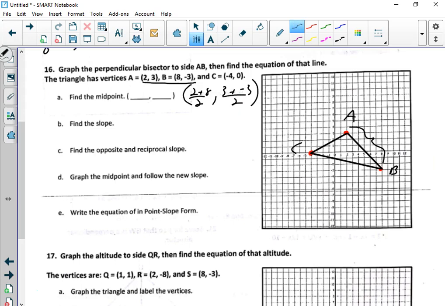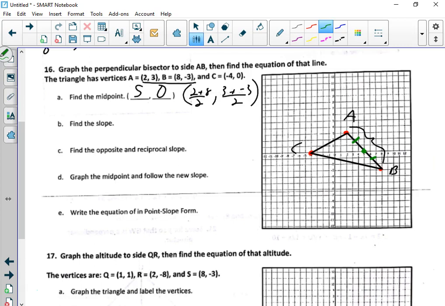And that's going to be 10 divided by 2 is 5. 0 divided by 2 is 0. So that's going to be the point 5, 0. Right there. That is the bisector point. That's the midpoint. So I can say that this piece and this piece are equal now.